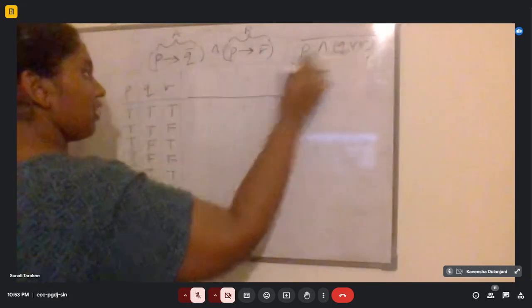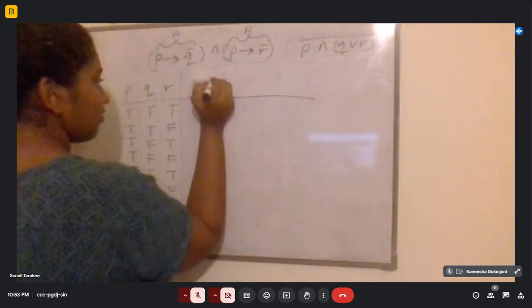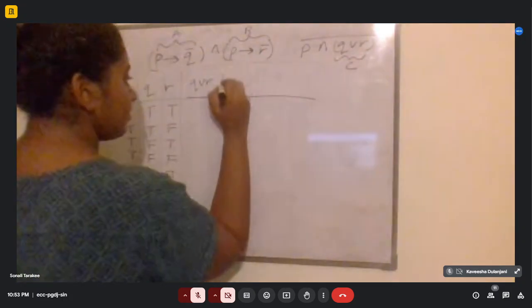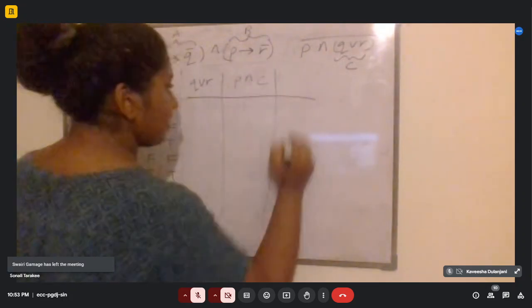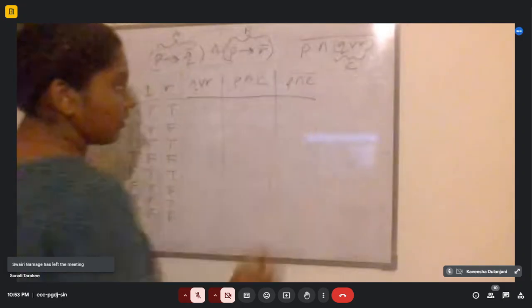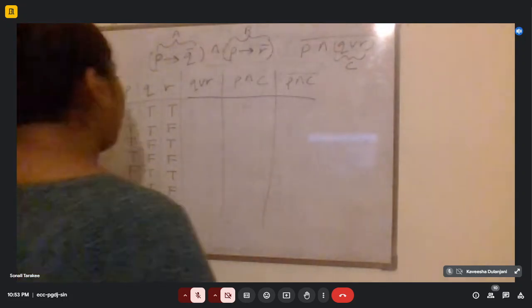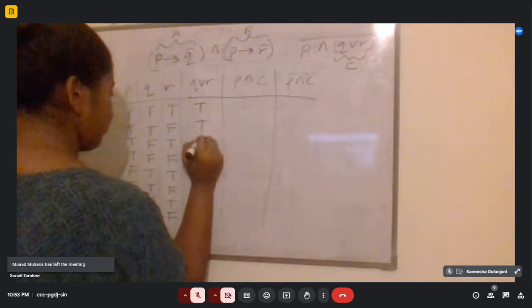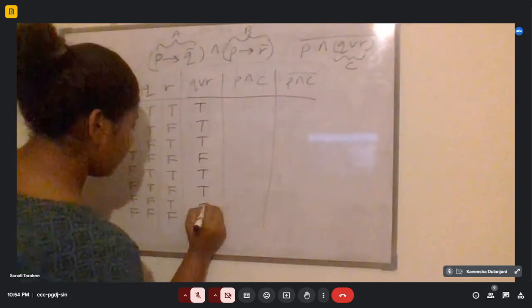Other one is P, Q, R. So Q or R. I'll take this one as C. And then we have P and C, P and C bar. So if you consider these ones, Q or R. So true, true, true, false, true, true, true, false.